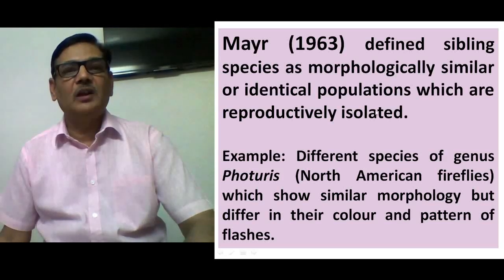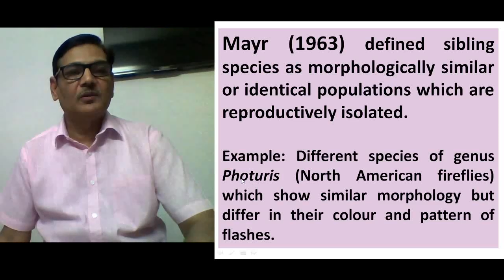are reproductively isolated. And this he actually explained in the species of genus Photuris. Photuris is a genus which comprises a number of species of fireflies, and these fireflies are found in North America.